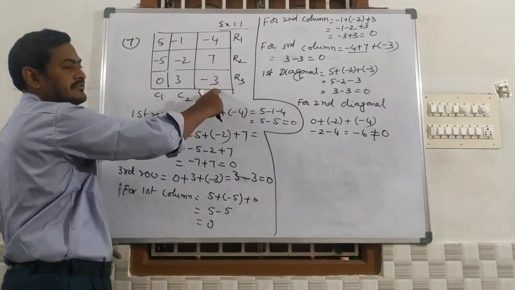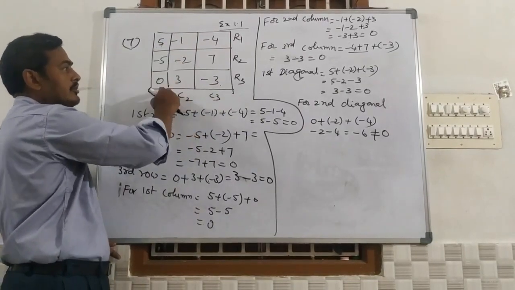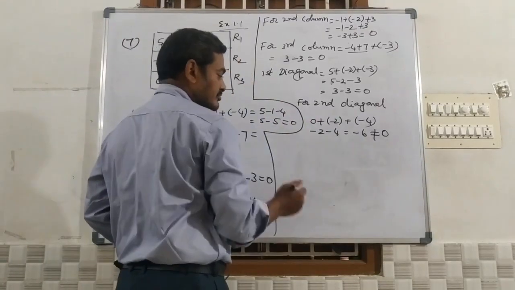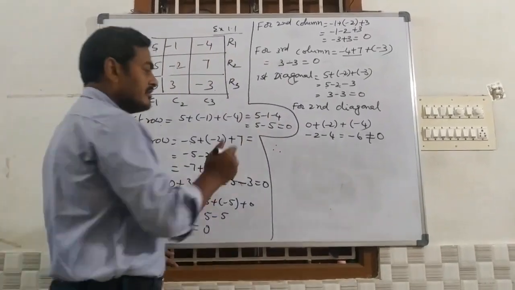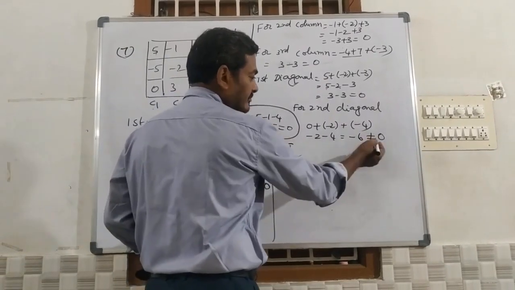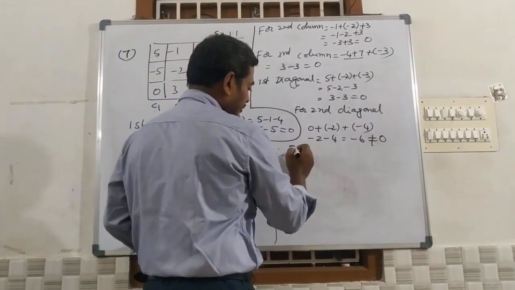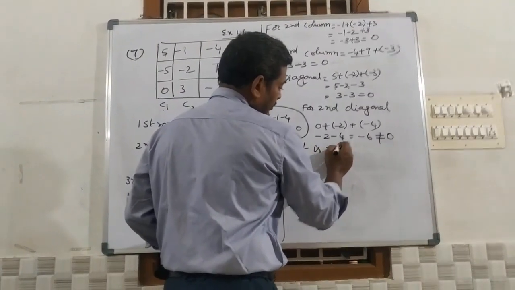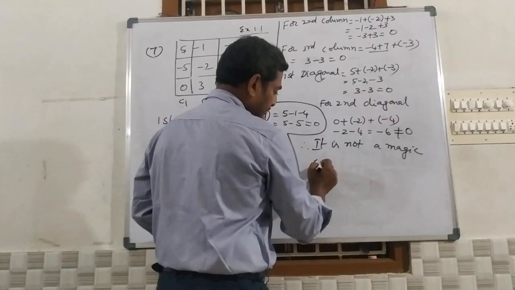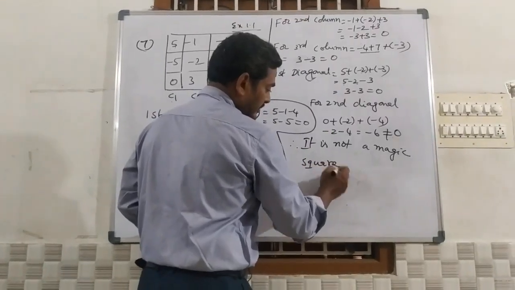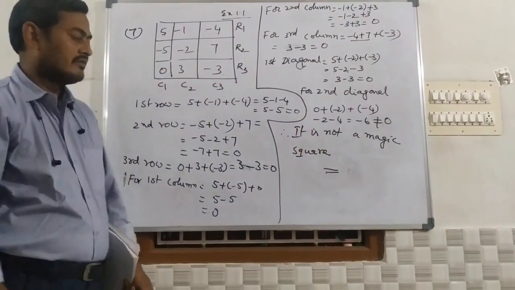The sum of the first diagonal is 0, but the second diagonal is not equal to 0. If all the sums are equal, it is a magic square. So minus 6 is not equal to 0. Therefore, it is not a magic square. Thank you, children.